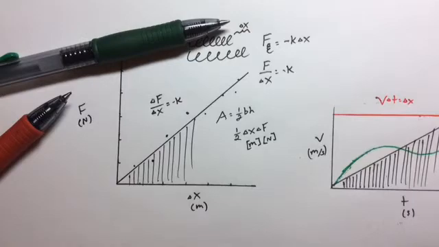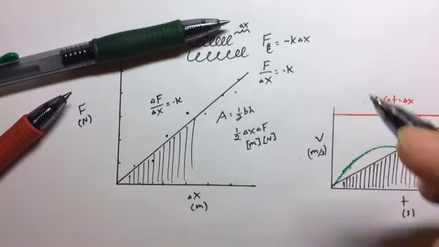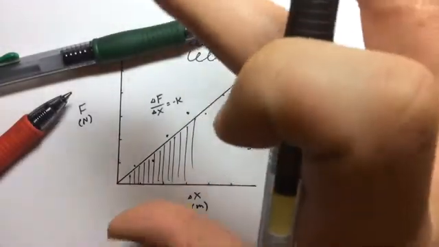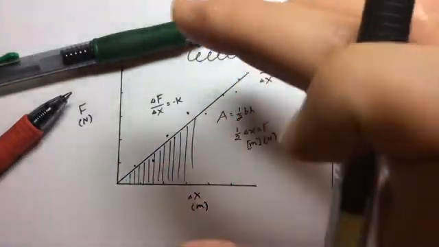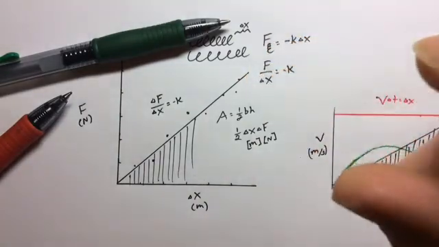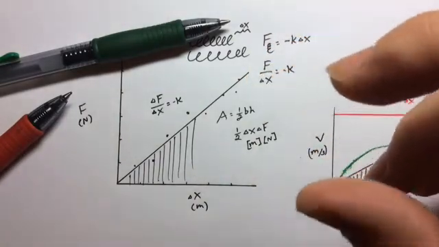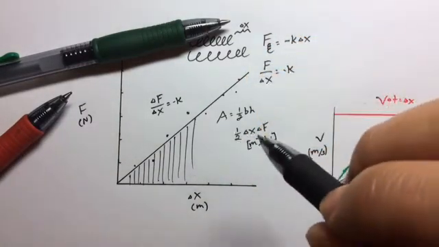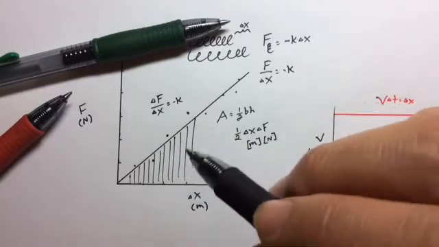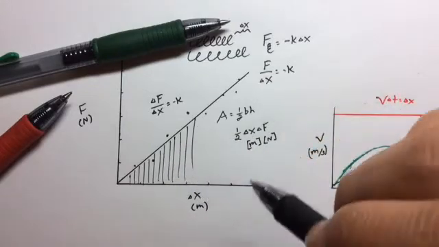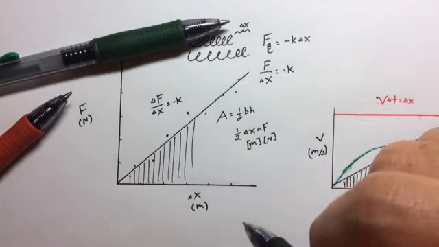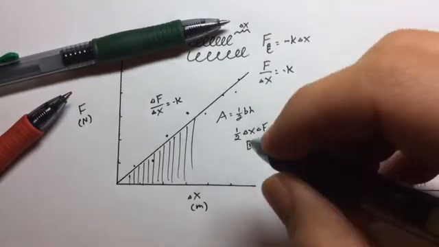That's equivalent to work, or energy. So if it's a spring and we're pulling on it or pushing on it, we're building up potential energy, this potential to move something faster later on. And so the area of this graph is going to be the potential energy stored in that spring.